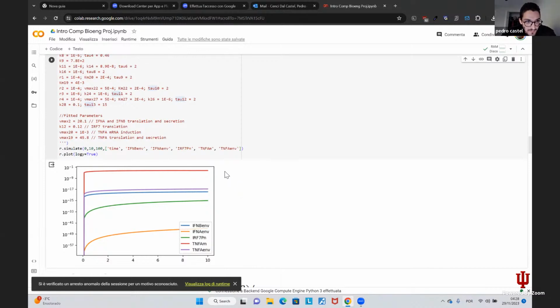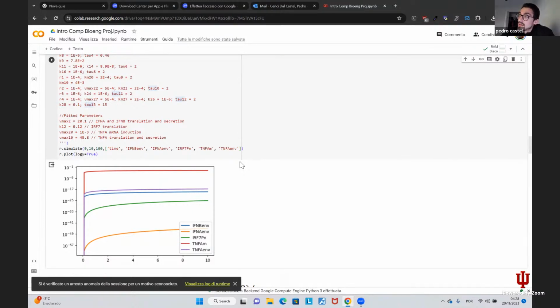So I started noticing some weird things. For example, they don't have anything for the viral action. So they are using TNF alpha. The level of TNF alpha plays the role of the viral action over the cells.